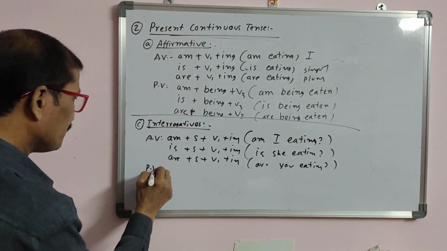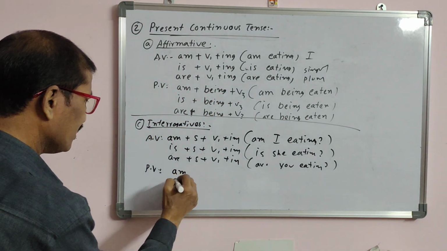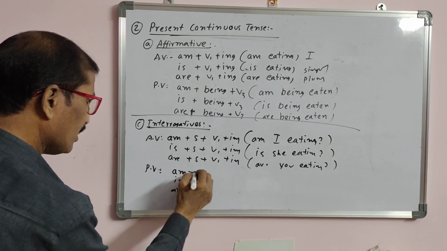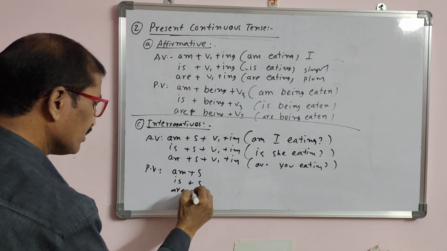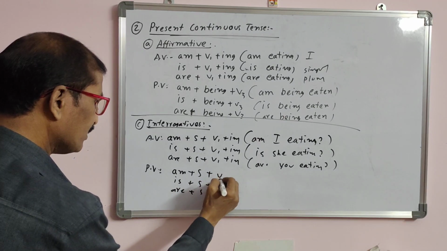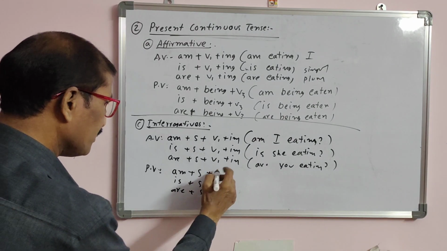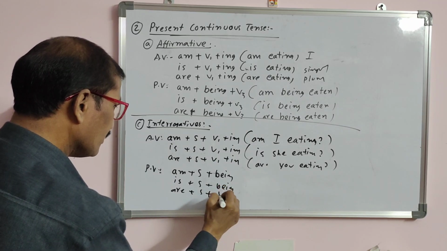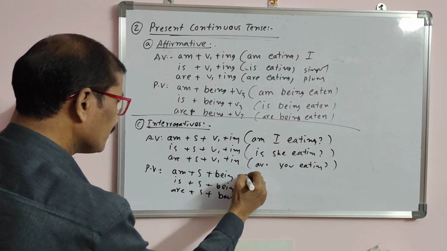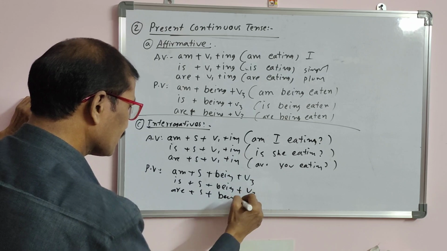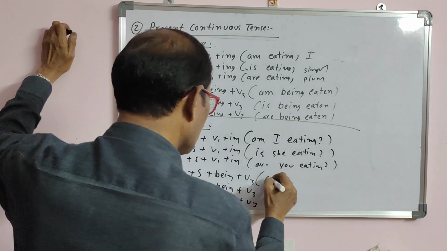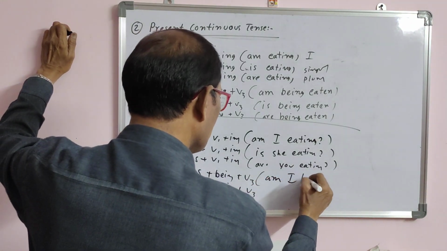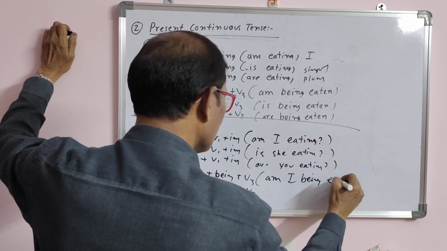And when it comes to passive voice, the same thing repeats. Am, is, are plus subject plus being plus V3. Example: Am I being eaten?